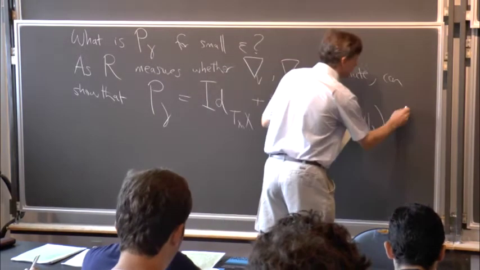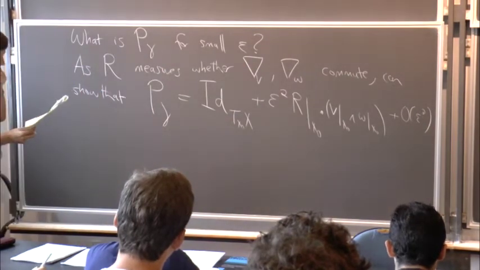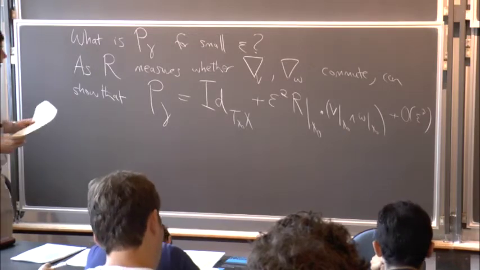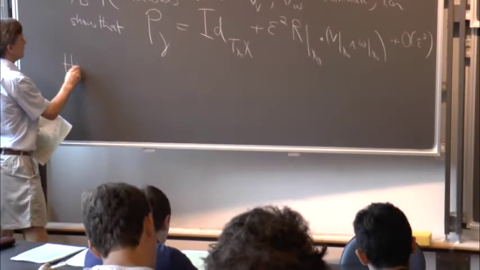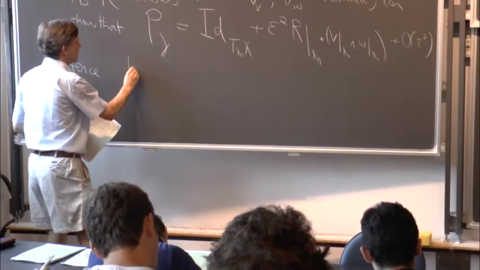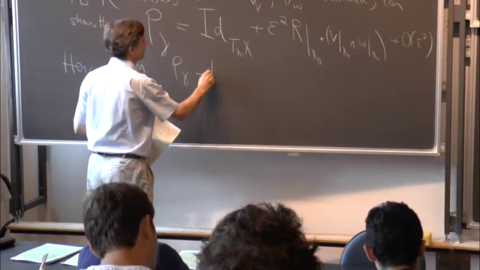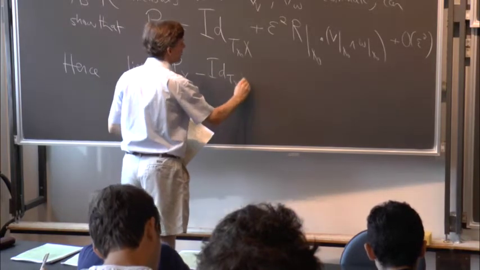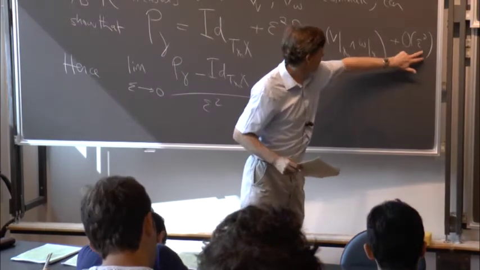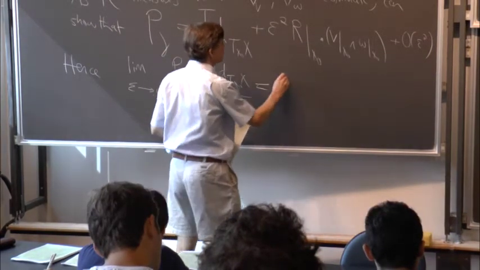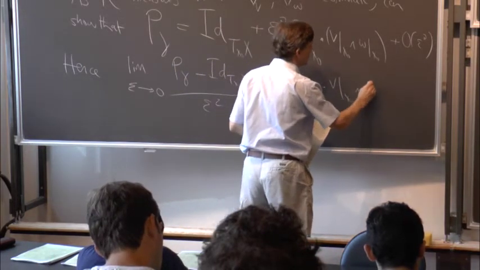The leading term is that, and then the rest will be order epsilon cubed, or possibly epsilon to the fourth, not sure which. So hence, we can take a limit. The limit, as epsilon goes to 0, of P gamma minus the identity map on the tangent space at x0 of X, over epsilon squared. The rest is not going to contribute to the limit. So this is going to be equal to R at x0 dotted with V at x0 wedge W at x0.